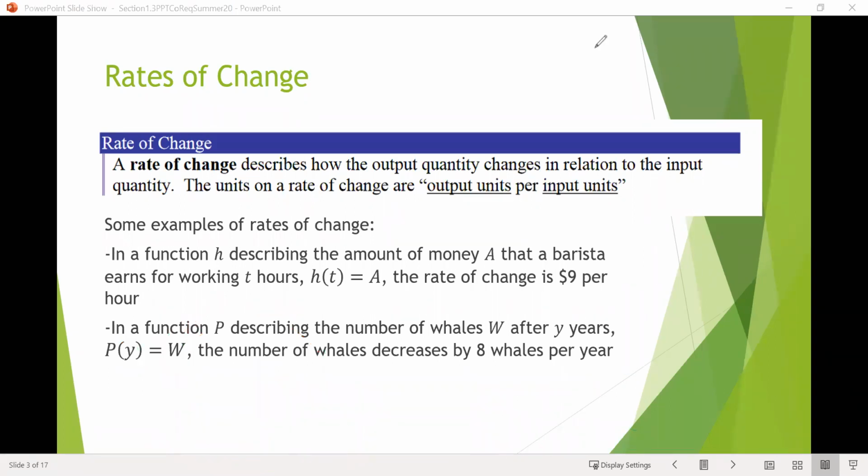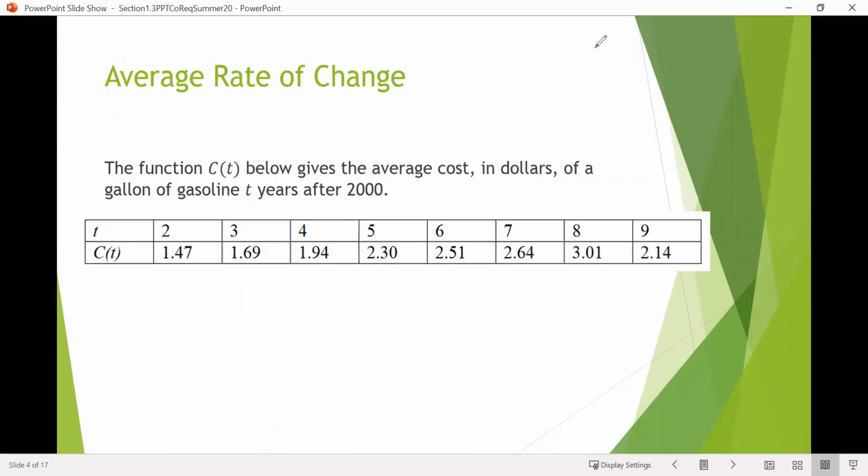Okay, so let's look at an example of this. Here we have a function c of t that gives us the cost, average cost in dollars of a gallon of gasoline t years after 2000. So notice it's c of t.